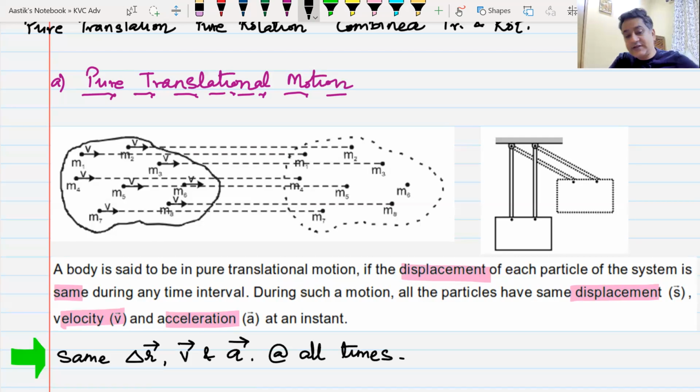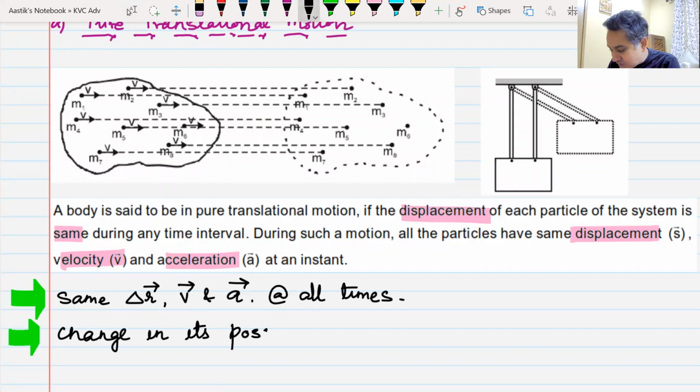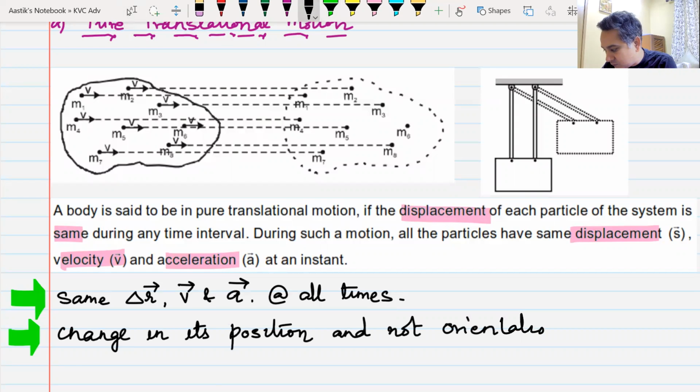The second way of understanding this is that there is only a change in its position, not its orientation. The body only changes its position and not orientation.